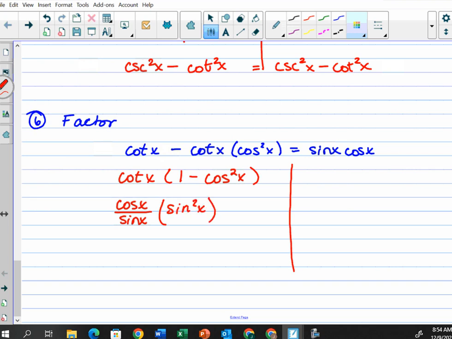Do you see any reducing I could do? And then isn't that the same thing as the right? I'll write it in the right order.